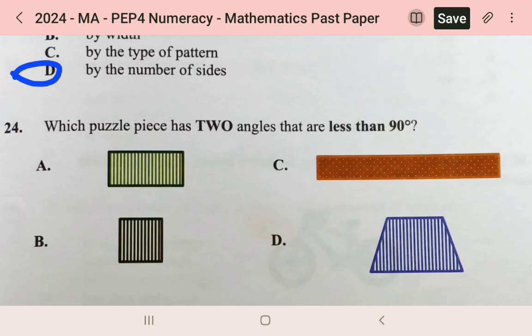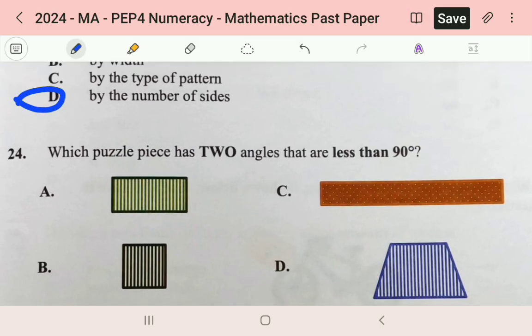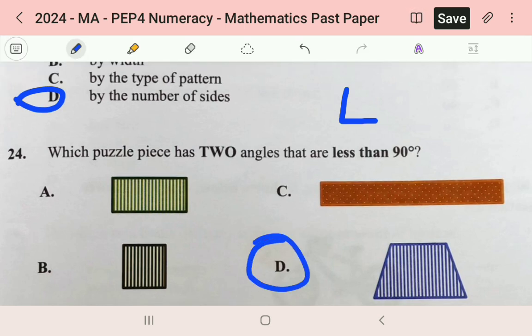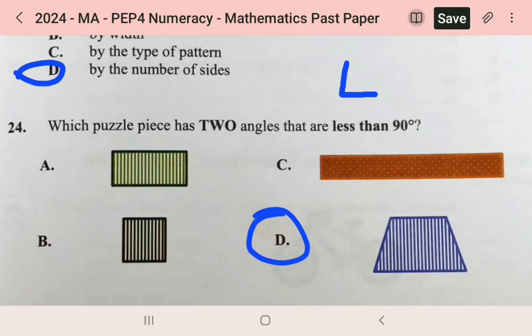Remember, 90 gives a perfect L shape. So if you can't get a perfect L shape, you're looking for those 2. Which puzzle piece has 2 angles less than 90 degrees? And of course, it's going to be puzzle piece D.